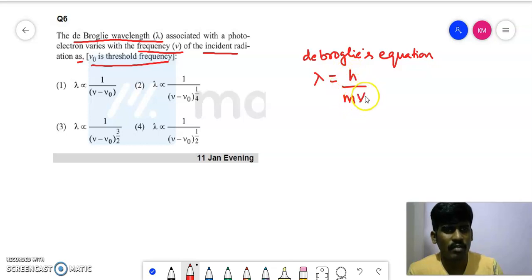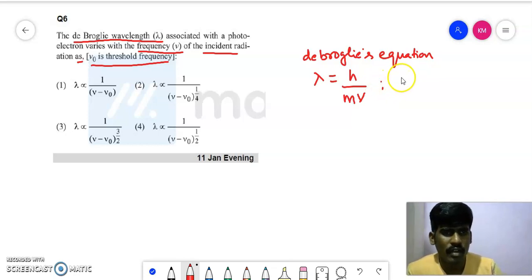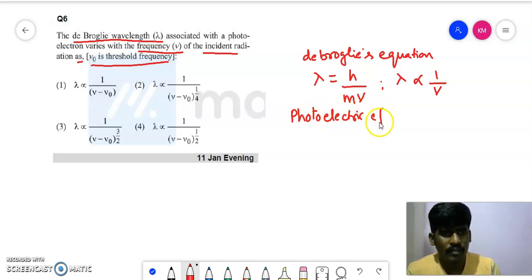So lambda is proportional to 1 by v. Now I am considering the photoelectric effect equation: kinetic energy is equal to h nu minus h nu naught.